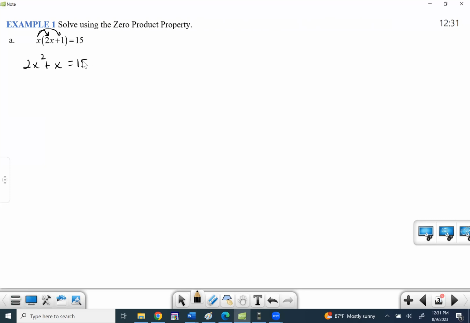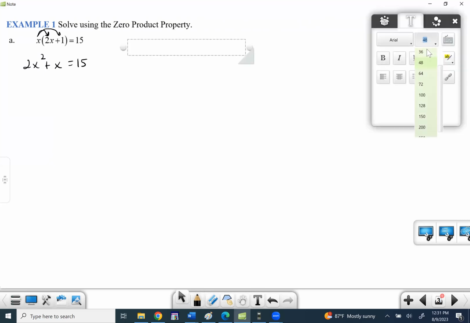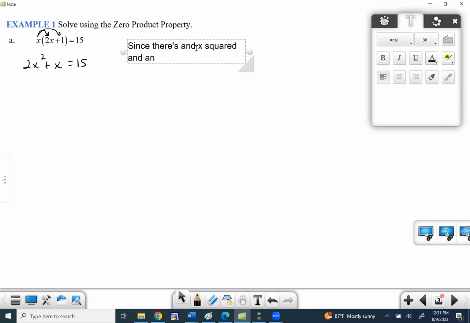Now, anytime that you have both an x squared and an x, you need to get all the terms on one side. I'm just going to write this down over and over, okay? Since there's an x squared and an x, get all terms on one side.